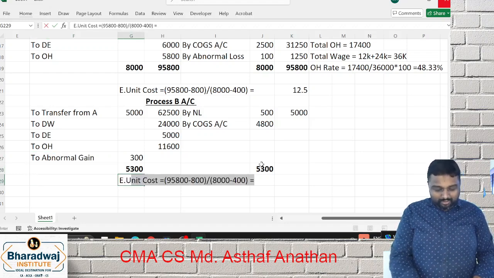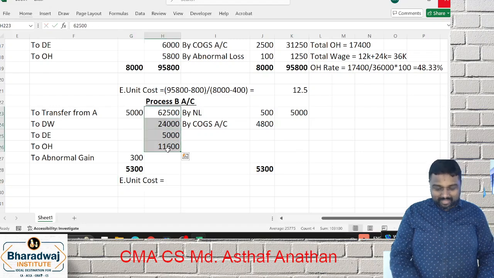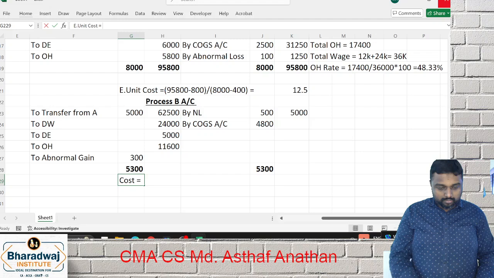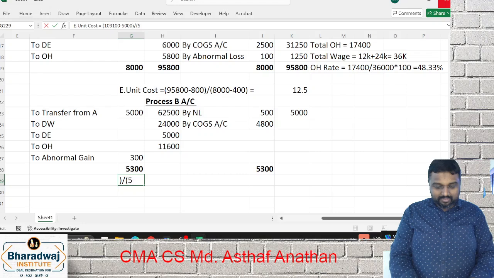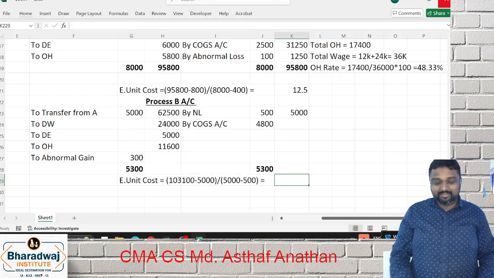Now you have to go for equivalent unit cost. You have to add all your debit side, 1,03,100 minus 5,000, divided by 5,000 minus 500. What will you get?